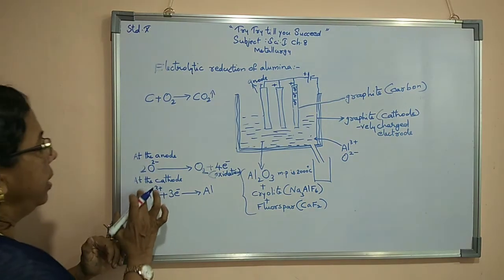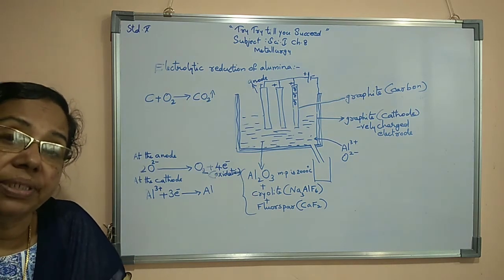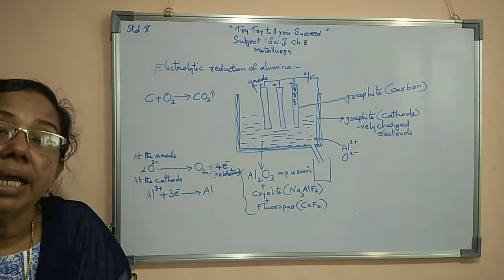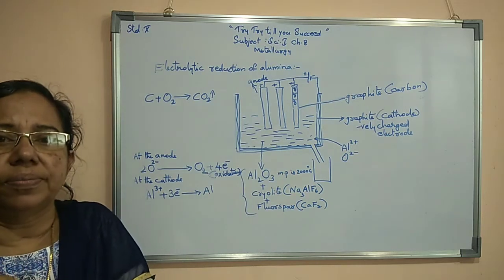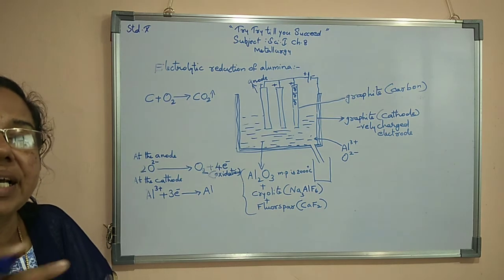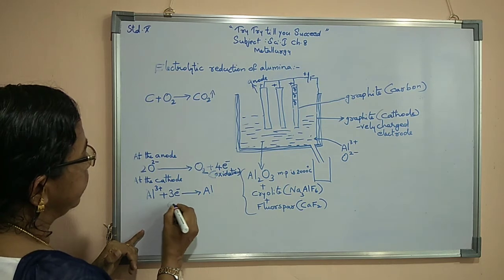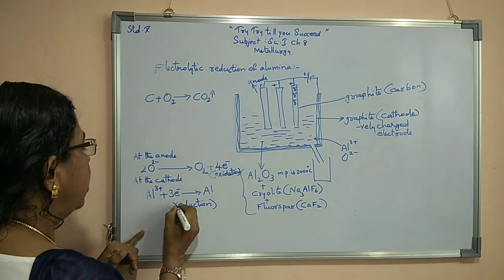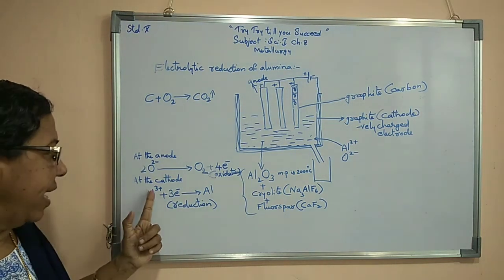At the same time, aluminium is a metal. It has positive charges. It is electropositive by losing its outermost electrons. Now, once it comes to the cathode, again it gains or accepts electrons. So we can say that is a reduction process. Here aluminium receives electrons, so it is a reduction process. Metallic ions receive electrons.